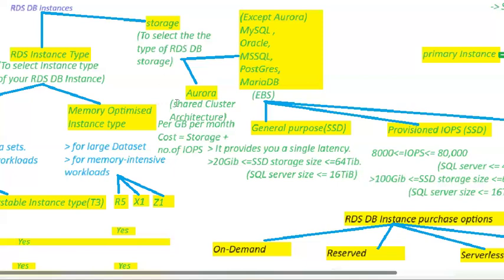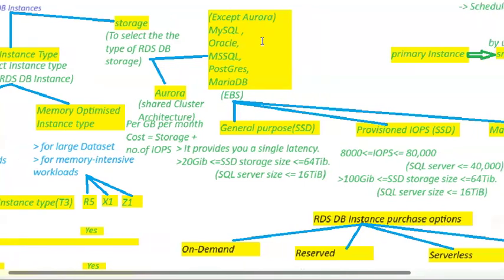So for Aurora, we will be charged per month for each GB of storage, and in addition to that, for the number of IOPS, the number of requests that I made.